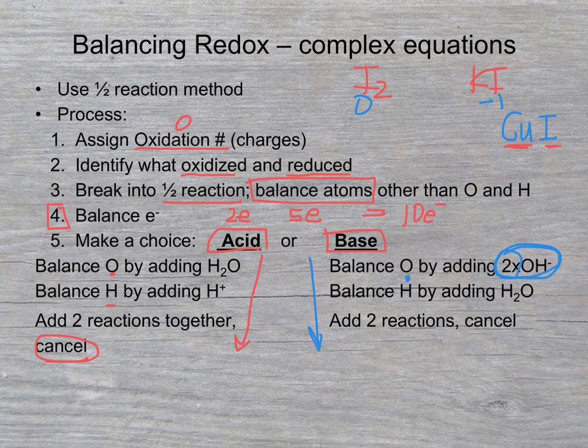So if you need 2 O's, you're going to add 4 OHs. You're going to balance out your hydrogens by adding H2O. And then just like in the acid situation, you're going to add your 2 reactions together and cancel out similar species. So it can be complex, but there is a sequence and you cannot do them out of order.